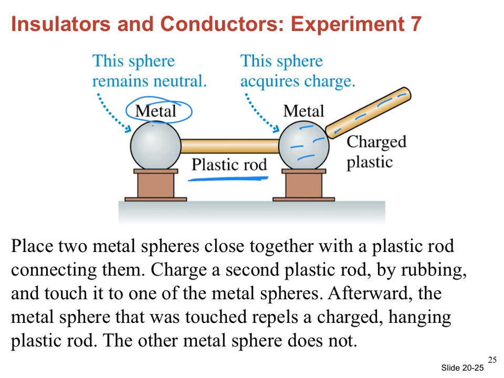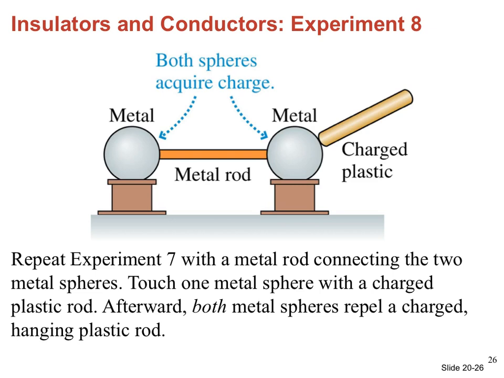Well, the plastic rod is acting as an insulator, and an insulator does not allow charge to flow. So whenever we have wires, like your headphones have wires in them, there's a plastic-ish coating around your headphone wires, and that is because it's an insulator. If you didn't have that, those wires have electrical current running, you could get shocked. So the plastic is acting as an insulator.